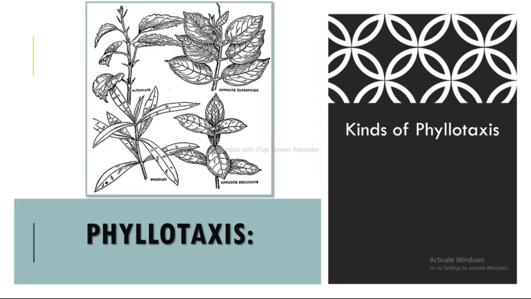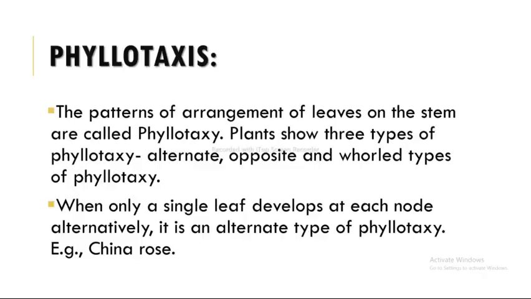Different kinds of phyllotaxis are here. First is alternate, second is opposite superposed, third is the rolled, and fourth is the opposite and decussate. The patterns of arrangement of leaves on the stem are called phyllotaxy. Plants show three types of phyllotaxy: alternate, opposite, and rolled.